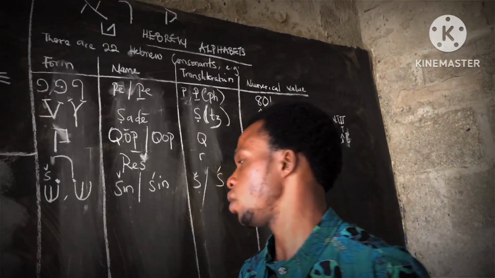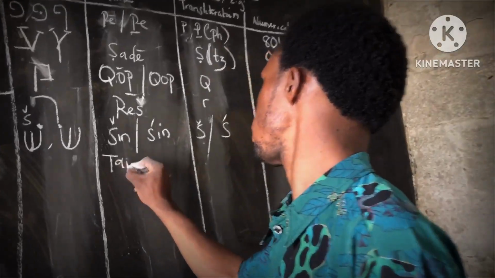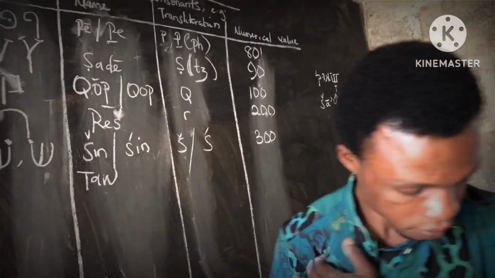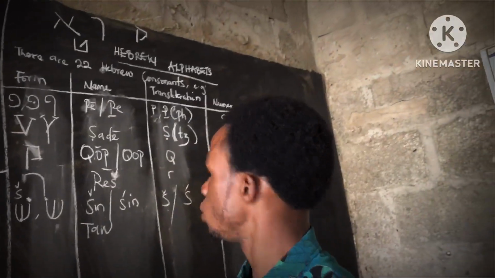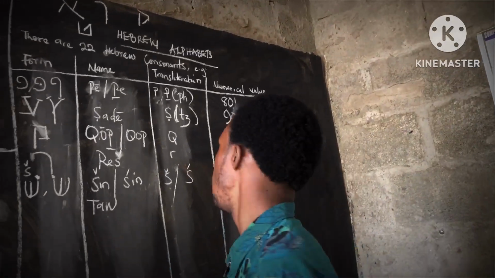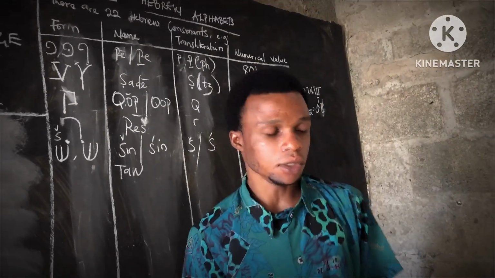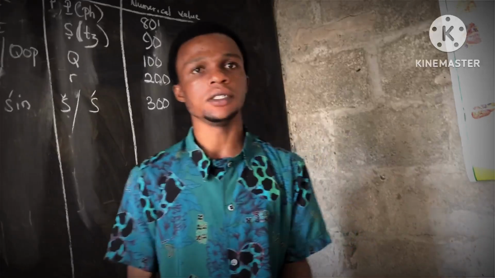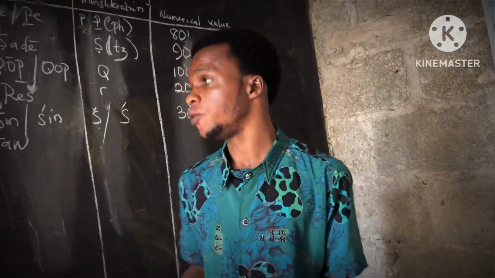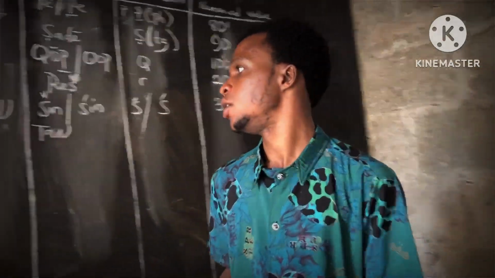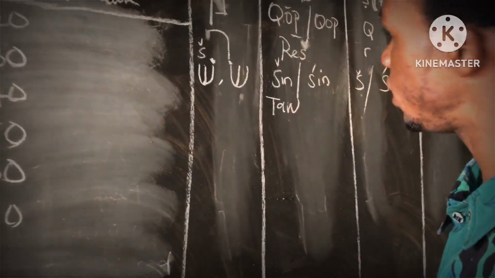The last letter is what we call Tau. Now you also write Tau in two forms. There is one that is soft and there is one that is strong, that is hard. Let's start by writing the hard one.